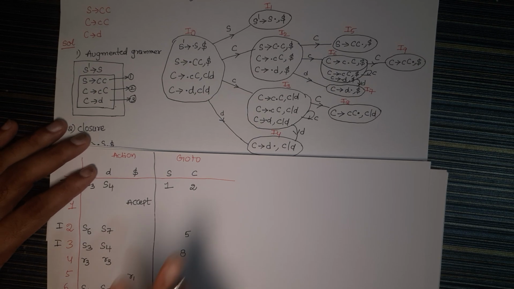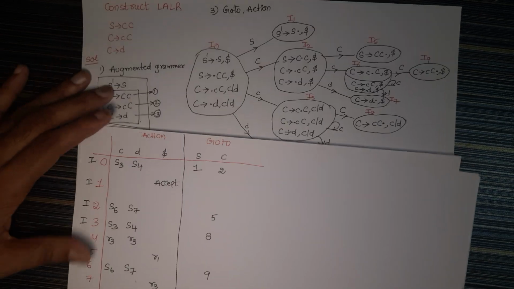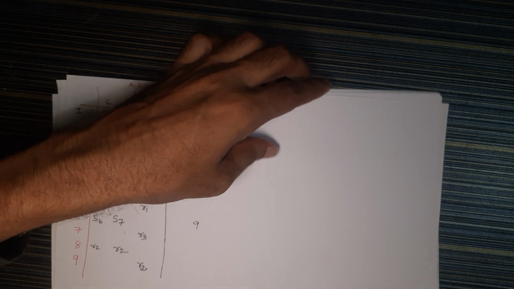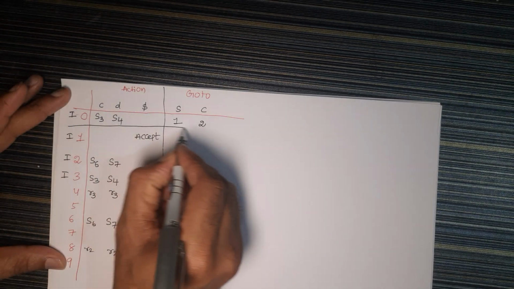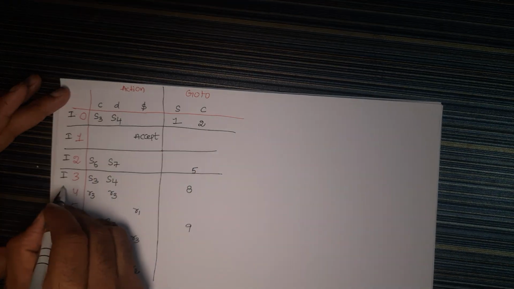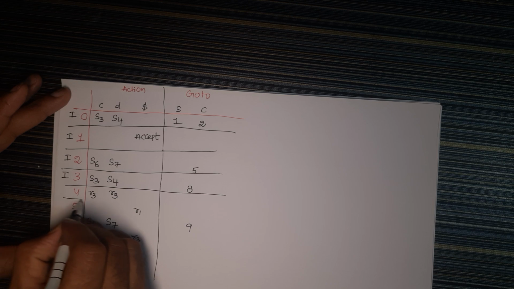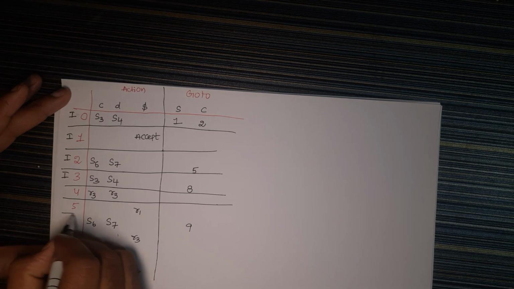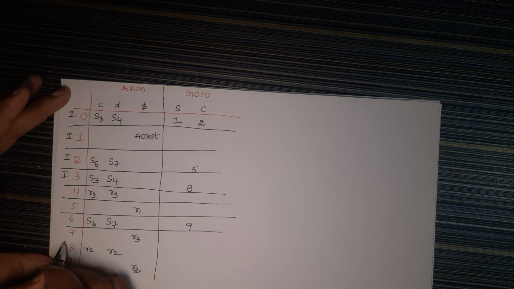Next one, you see there are no more productions with a capital symbol. So I am going to make a table for this one, so that we have some clarity. This is a way to find out the action and go to moves.